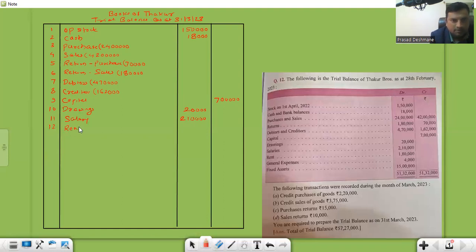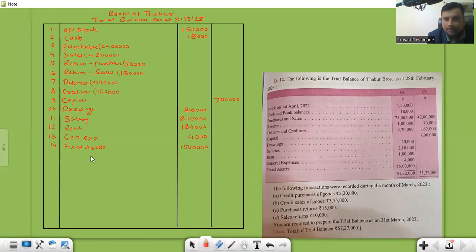Rent is also an expense, so debit side. General expenses, also debit because it's an expense. And the last one we have is fixed asset. Since it is an asset, that's why debit. So now the trial balance we have already posted as per the rule of assets and expenses on the debit side, incomes and gains on the credit side.